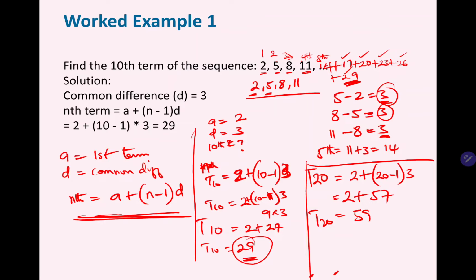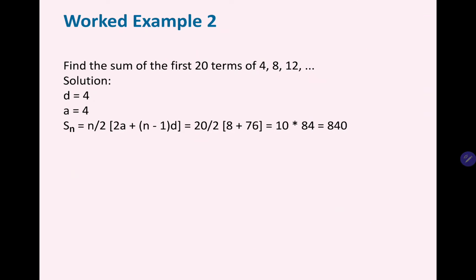Okay, we move on. Find the sum of the first 20 terms of this sequence. All right, so we have said that the sum of terms is the same thing as n over 2 into 2a plus n minus 1 multiplied by the common difference.